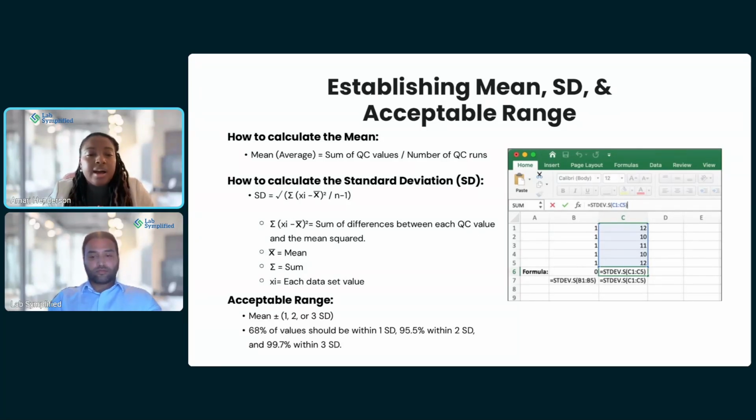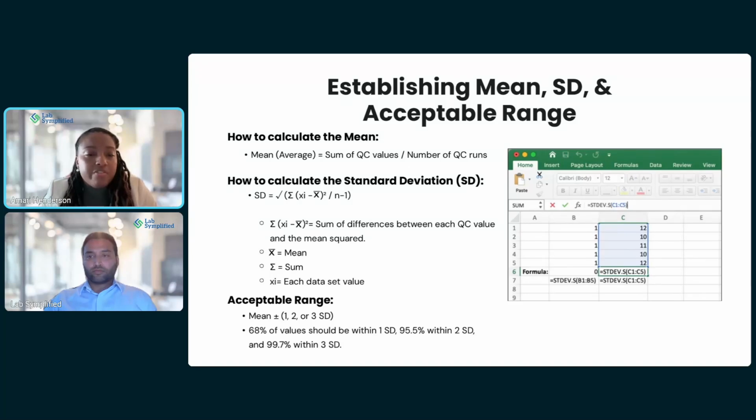And a lot of times your QC manufacturer is going to give you manufacturer target values, and they'll give you the standard deviation. And what I'll find is a lot of people ask for help with calculating the range when they have just the standard deviation and the mean.